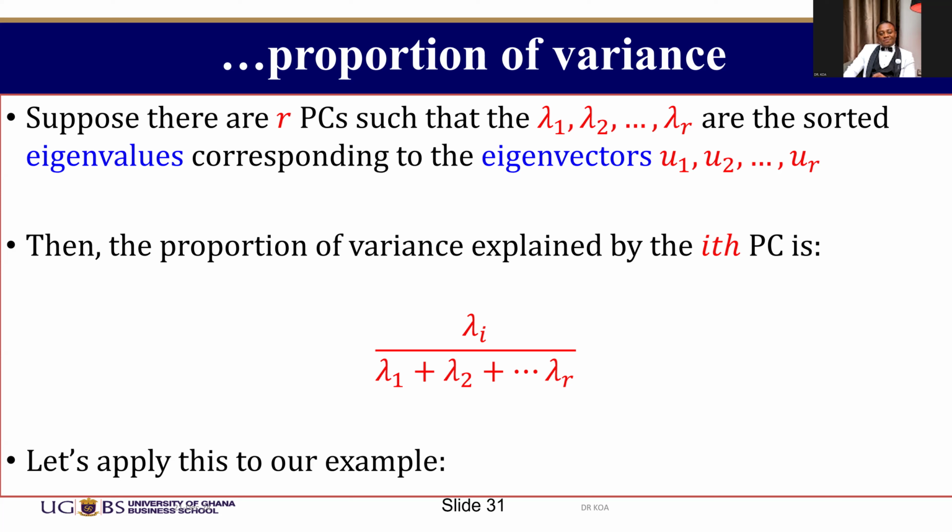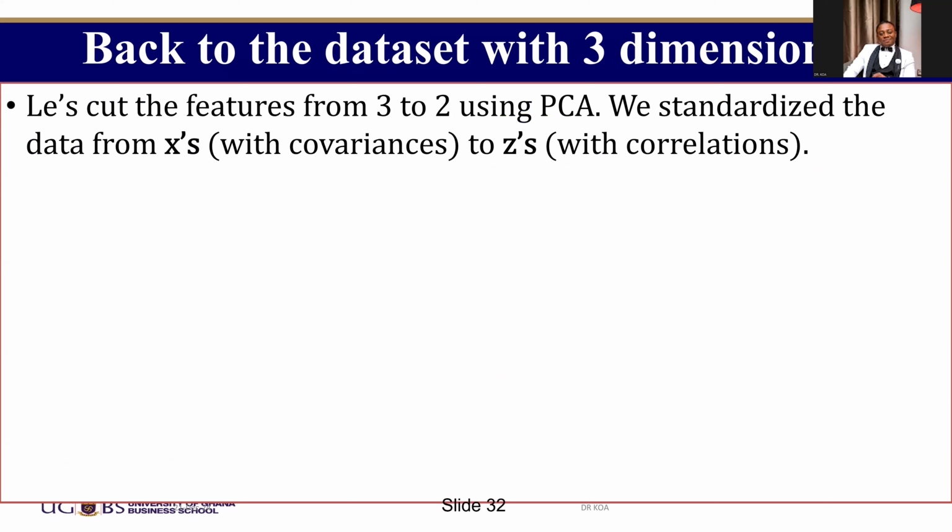If you're not happy with that, we'll add a third principal component, making it another cumulative proportion, until we are comfortable. But note that most of the time, the first and second principal components will do the job, unless the variables are so many, which is also possible in real life. Let's go back to our example. You will understand this better.